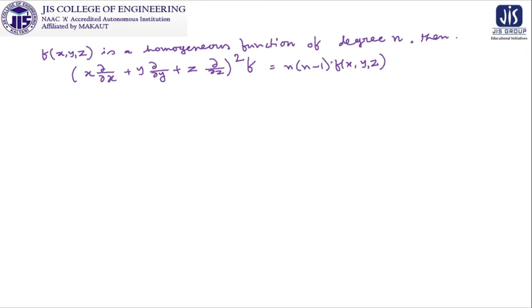Now think, it is not only for x, y, z, it is for two variables too. This example is given for a function of three variables, but you can take a function of two variables also.